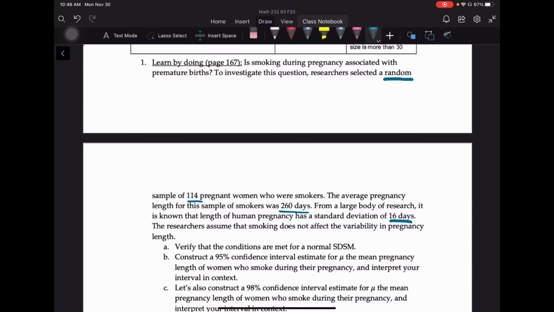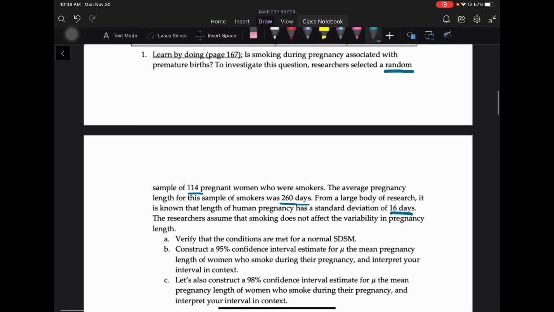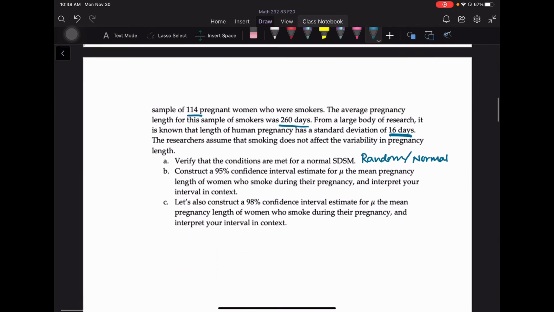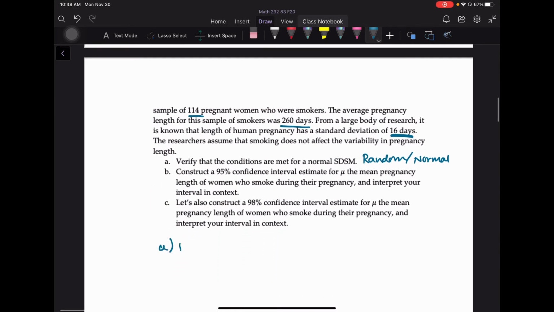Now, I want to first check the conditions, and the conditions that we need to check are random and normal. And random is typically stated in the problem, which I highlighted above. Okay, so when we're checking conditions, we can say random as stated. And when we're checking normal, there's a couple of different ways that you can check normal.